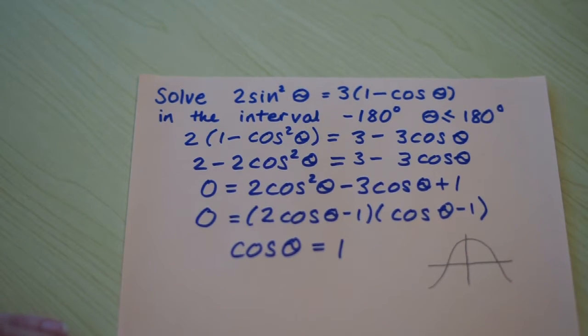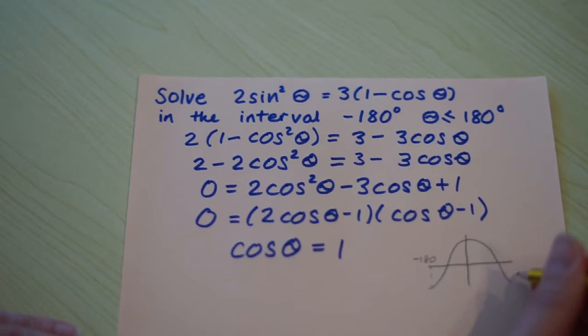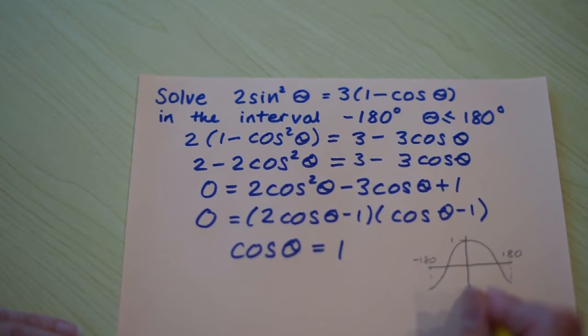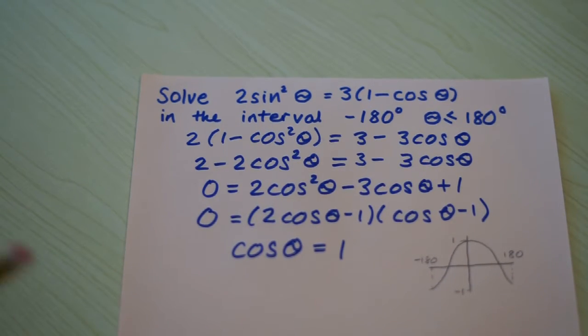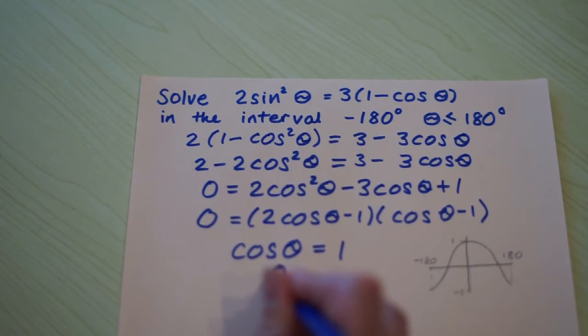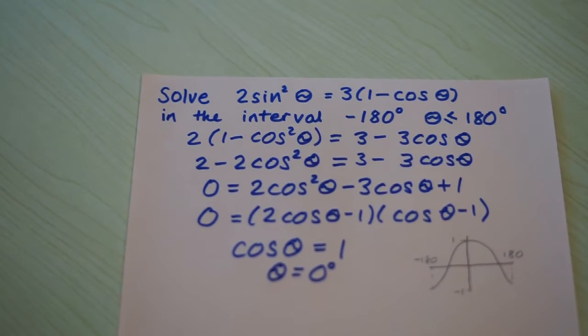Okay, and we can see in this range we've got minus 180 and 180, and that's 1, and this is a minus 1. Okay, we can see that we've got one solution in our range. The range for the question is minus 180 to plus 180, so our one solution is theta equals 0 degrees. Okay, good.